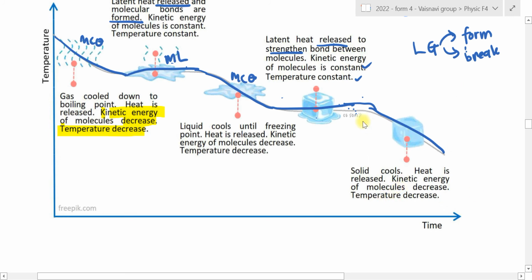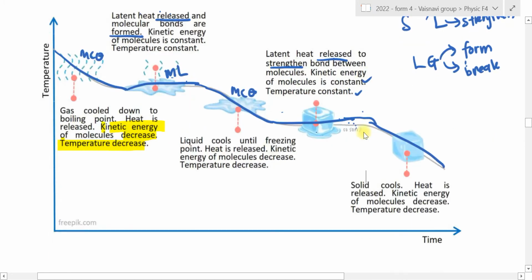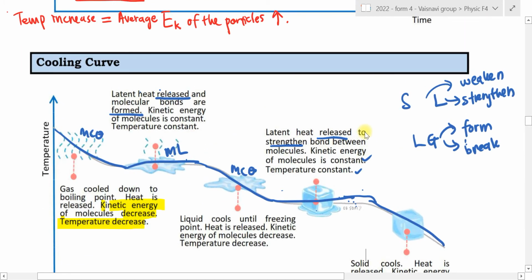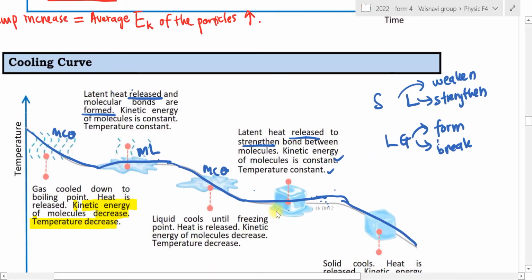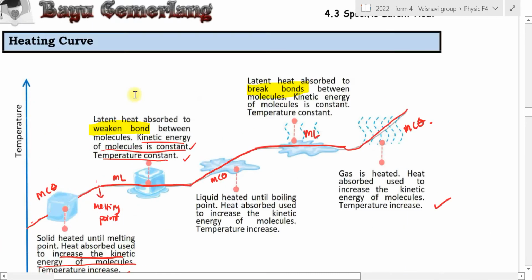Can you understand the heating curve and cooling curve? Sir, why is latent heat released from the molecular bond? What are you expecting there? It is water, meaning molecule, right? Molecular bond.